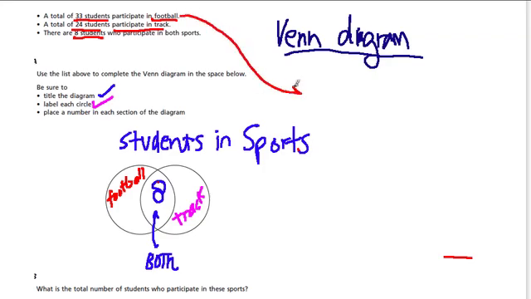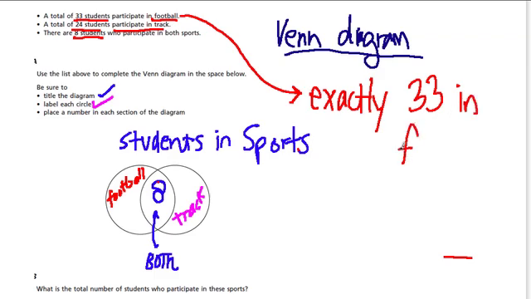I think they should be more explicit here in their language, but what they're saying is a total of 33 students participate in football. That means that's everybody. There's no one else who's in football. There are exactly 33 people in football. What does that mean?